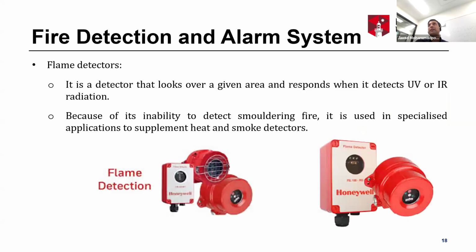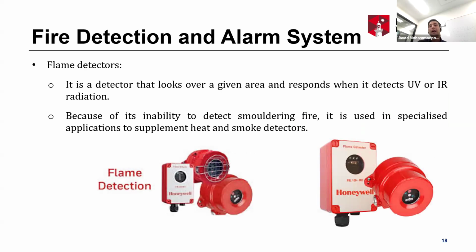And the third one, that I think maybe you have not seen because it's used in industry, is the flame detectors. It's a detector that looks over a given area and responds when it detects UV or IR radiation.